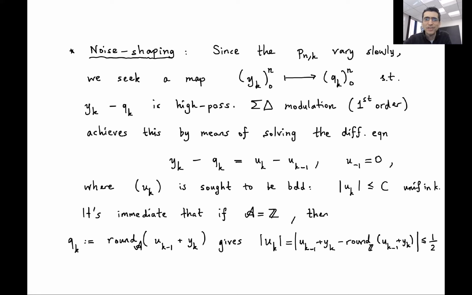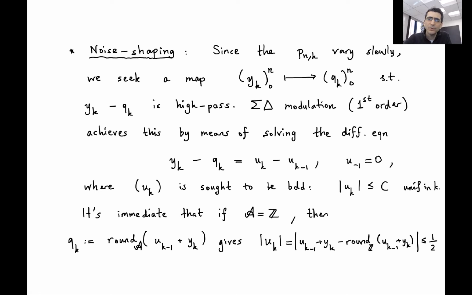So we want that difference, the overall quantization error, to be small. Well, that's going to work out if you multiply a high pass sequence with a low pass sequence, as a function of k. And this is where the well-developed toolkit of sigma delta modulation can be invoked.